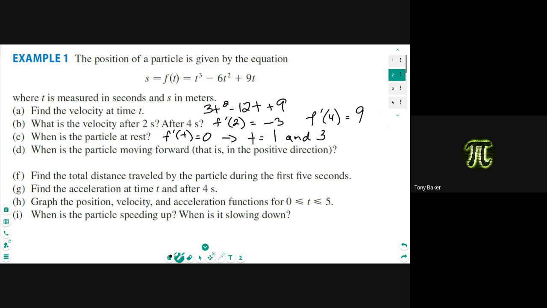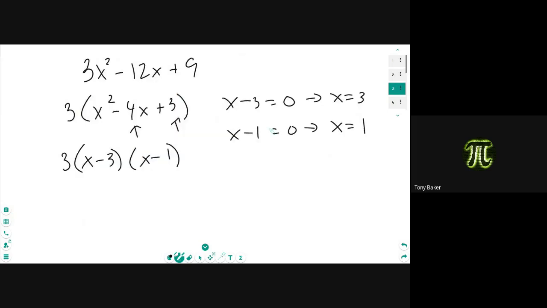If my velocity is positive, which doesn't necessarily mean the velocity is increasing, it could be decreasing, but it's on the positive side. We know right now that the velocity is 0 at 1 and 3, right? So I want to know when it's greater than 0. If we look at our wonderful little number line here, I know it's 0 here and here. So where would it be increasing?